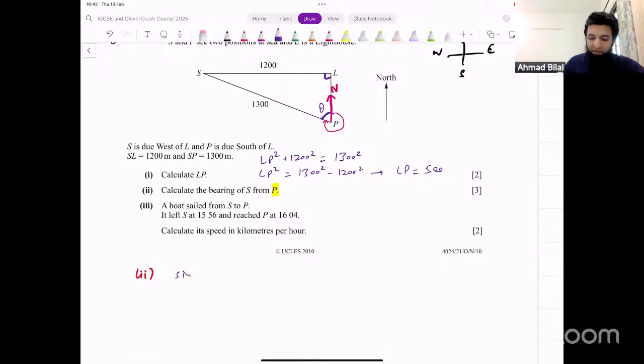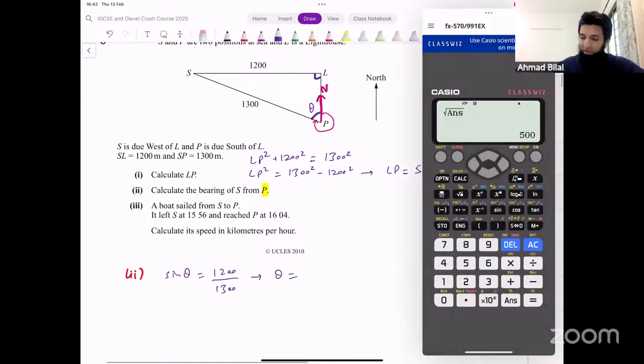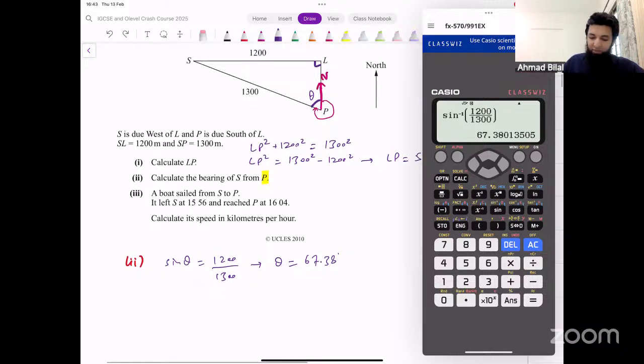So we have sine theta equal to perpendicular, which is 1200, over the hypotenuse, which is 1300. We can find the value of theta from this. Sine inverse of 1200 divided by 1300 gives me 67.38. That means this angle inside here is 67.38.